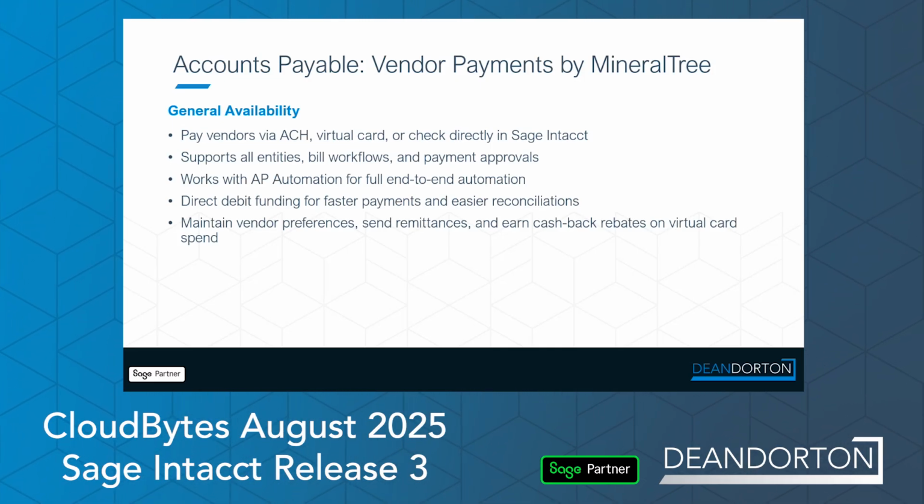It's a bit of a variable charge. We can get you that information if you have any questions about it. But I do think this is a very nice thing for Intacct to have in the system now. And I am encouraged by the fact that they have picked a solution that has been a long-term player in the full AP automation market. I do think this is going to be a very stable choice for them this time.